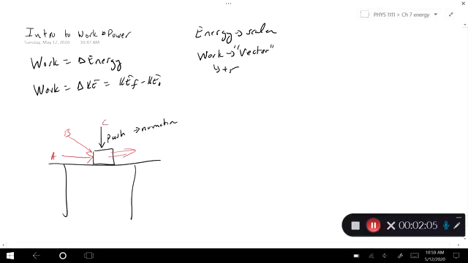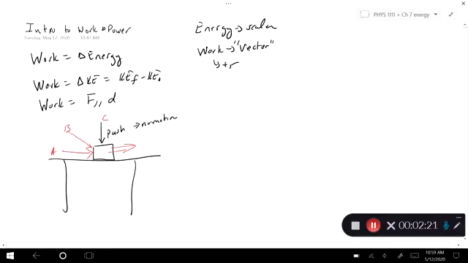Now, force A versus force B, A is going to be better to get it to move to the right as opposed to B, and then force C is just pointless. Force C is just not going to move the book at all, except for maybe through the table if I break the table.